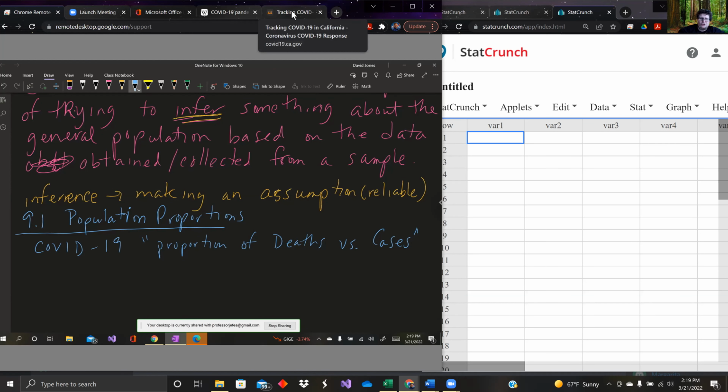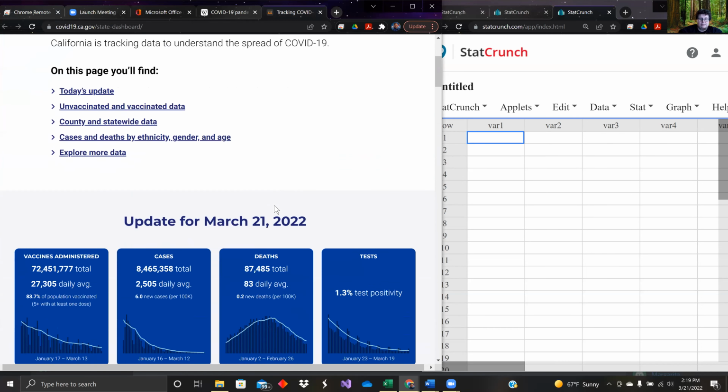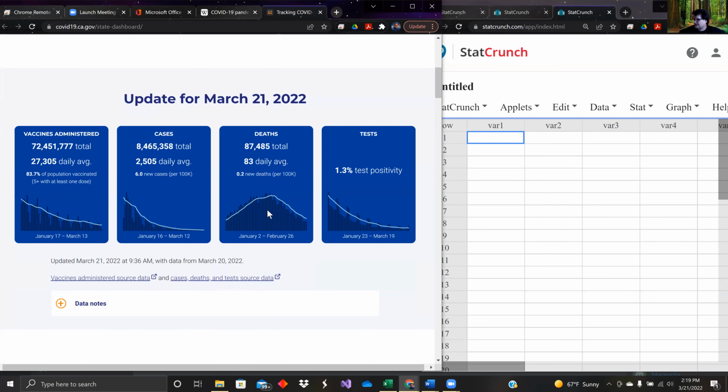So let's just look at California. California deaths is currently at, this is updated for today, 87,485, and total cases has been 8,465,358.